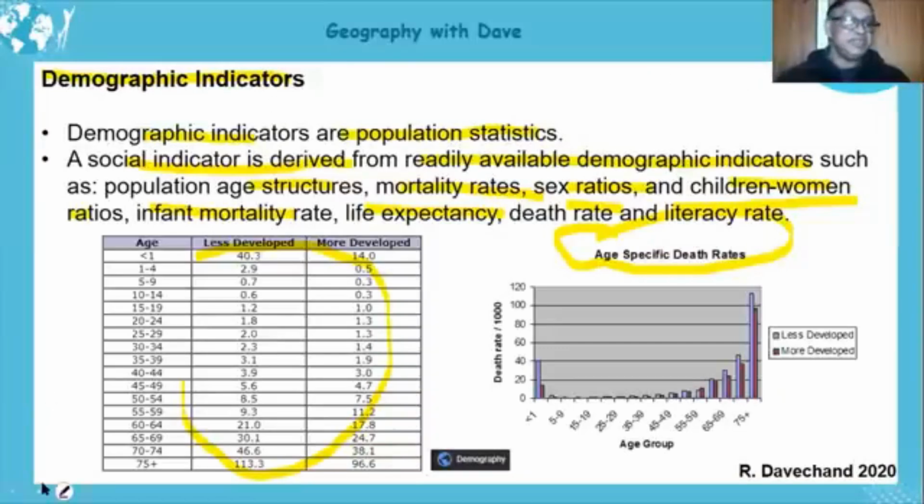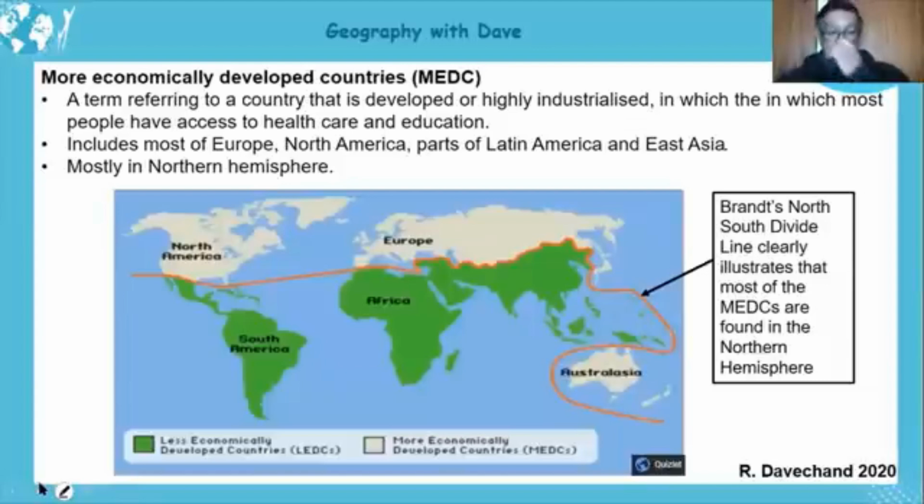Okay, dealing with statistics. Then, of course, let's just summarize again. I know you've done more economically developed countries and less, but we need to look at it again just to have a review so that you haven't forgotten. I know you did it in grade 9. It's a term referring to a country that is developed or highly industrialized.